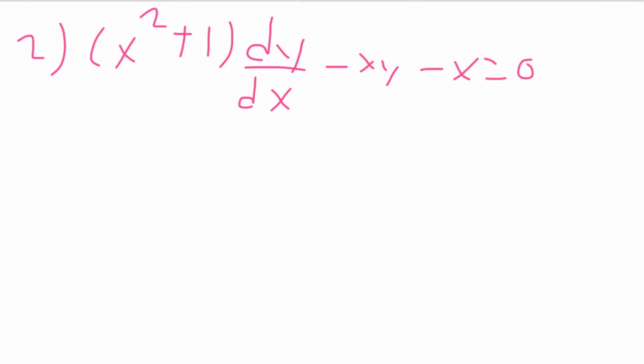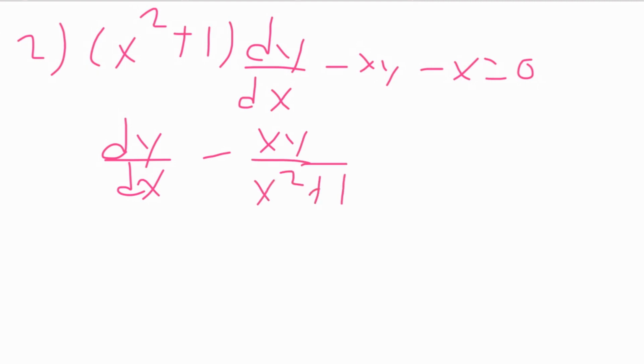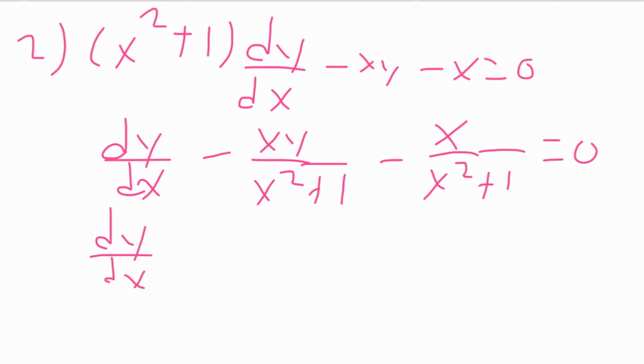So for number 2 here, we want to find the general solution. First we could show that it's separable. So once again, let's do dy/dx by itself minus xy over x squared plus 1, and then minus x over x squared plus 1 equal to 0. So we move everything to the other side, so dy/dx is equal to, since it has the same denominator, xy plus x over x squared plus 1.